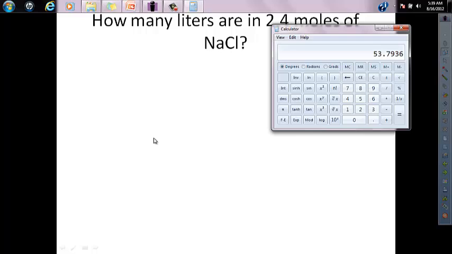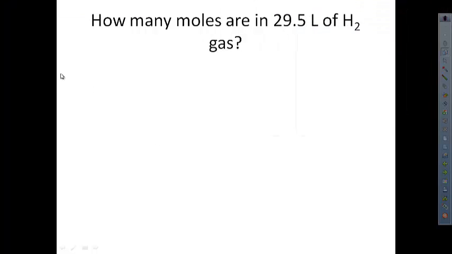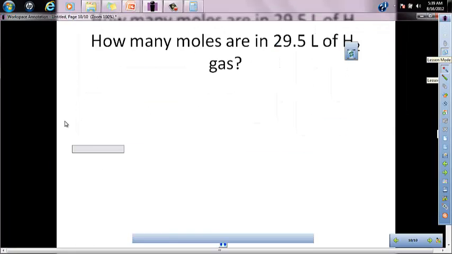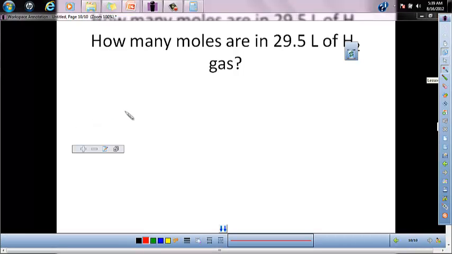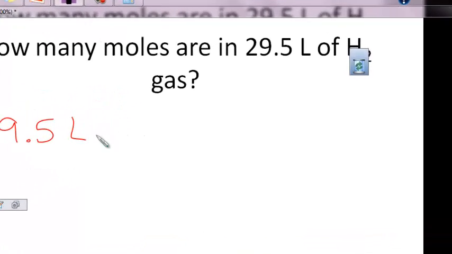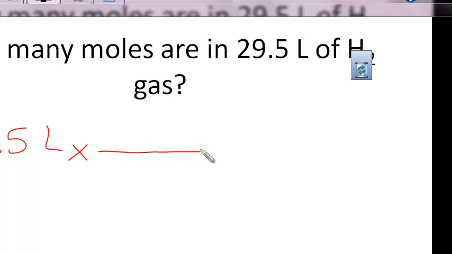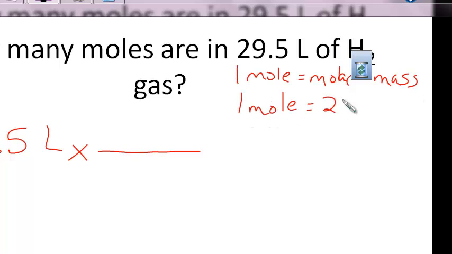All right, let's look at another one. How many moles are in 29.5 liters of H2 gas? You got 29.5 liters. Now remember the conversion factors. Probably should have just written this on the slide so that I don't have to write it over every time, but it's okay. 22.414 liters.